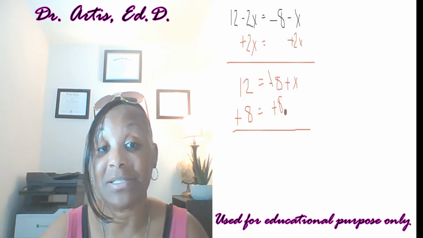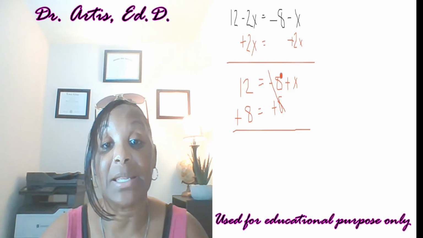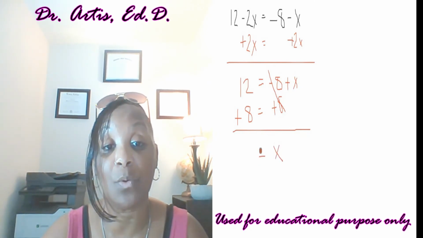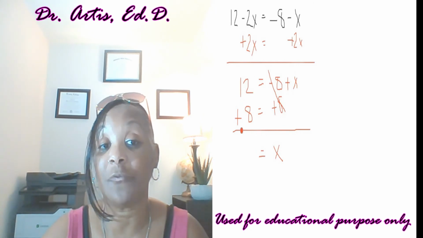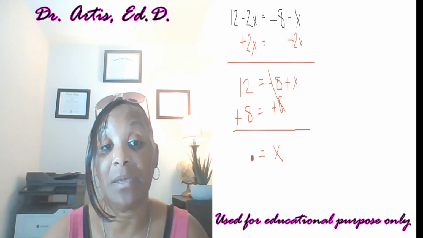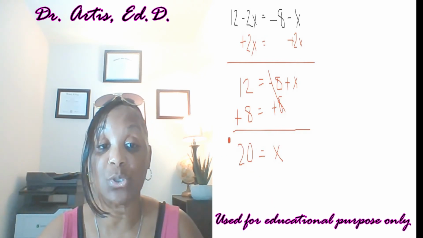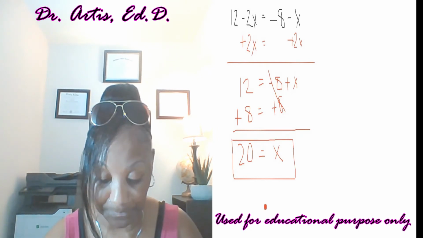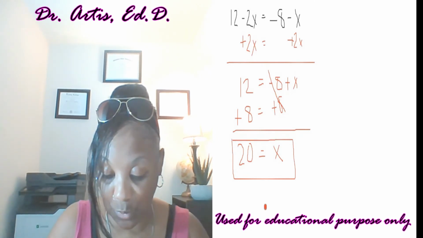These 8's here self-eliminate, leaving me with x, because I'm going to bring down this x, equals, and now I have 12 plus 8 will give me 20. So in this case, x equals 20. Okay? And that is for number 20.